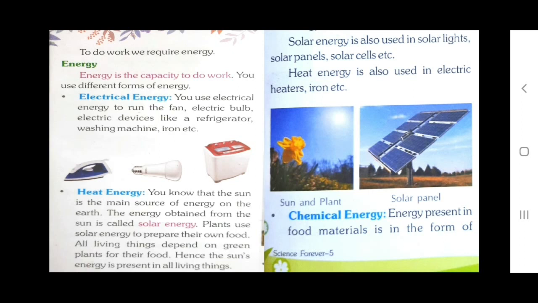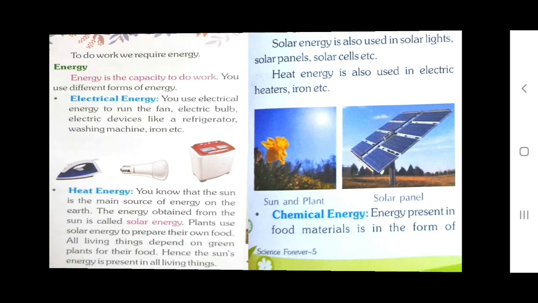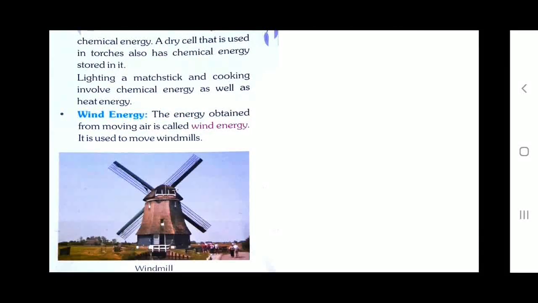Next is chemical energy. The energy present in food materials is in the form of chemical energy. A dry cell that is used in a torch also has chemical energy stored in it, right? The food that we eat also has some chemicals.